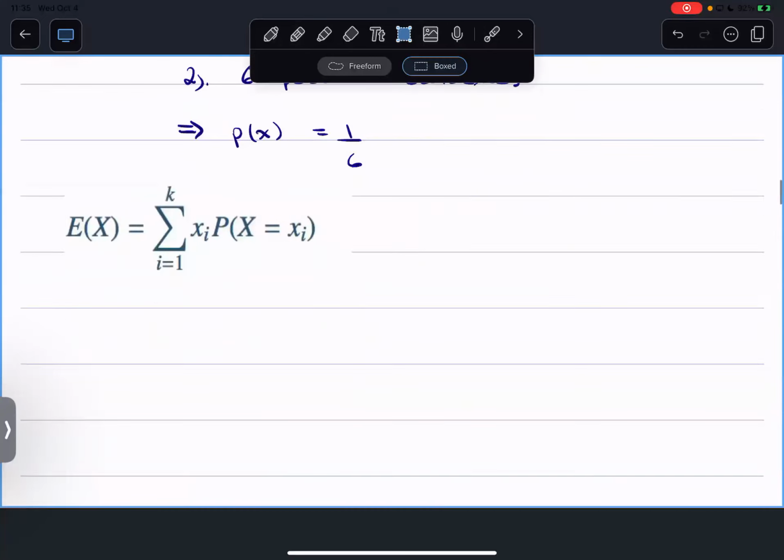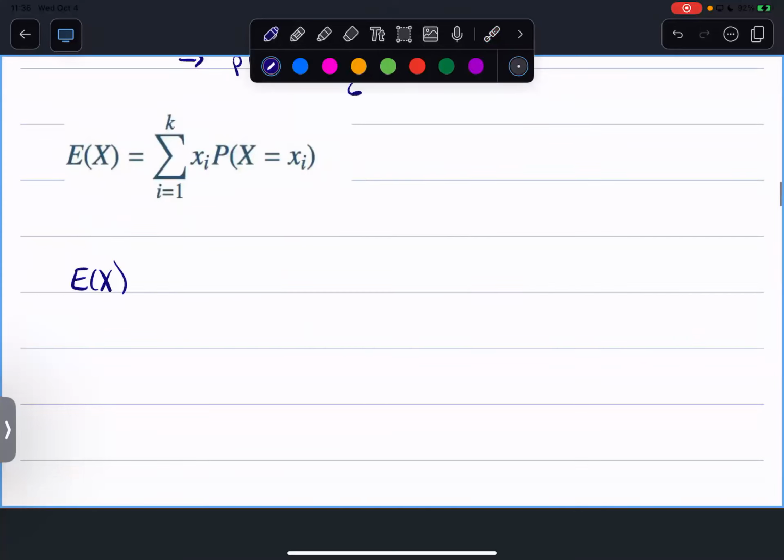Then the expected value of X, which is the process, a capital X, is going to be the sum from i equals 1 to k, allowing for k possible outcomes, of the outcome itself, xi, times the probability of that outcome. We just declared that all these probabilities in this case are just 1 over 6. So that makes it easy.